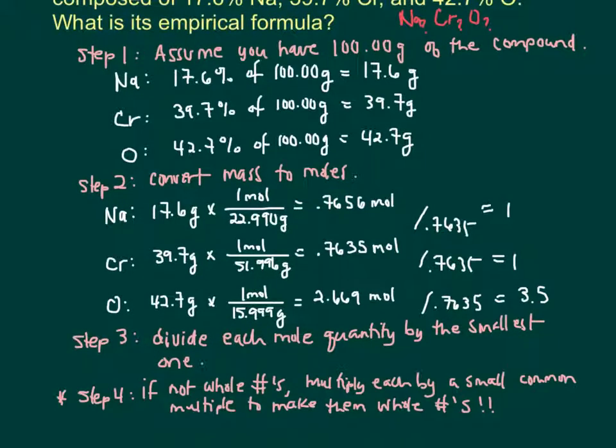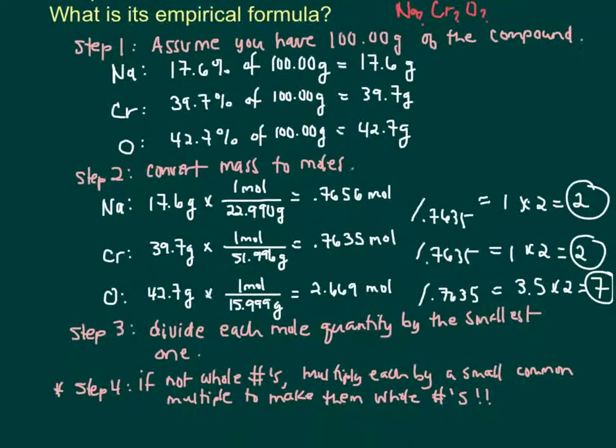So what we're going to do is multiply each of these, the 1, the 1, and the 3.5, by a small common multiple so that they all end up a whole number. So 2 should do it. If I multiply them each by 2, then that should give me whole numbers: 2, 2, and 7.